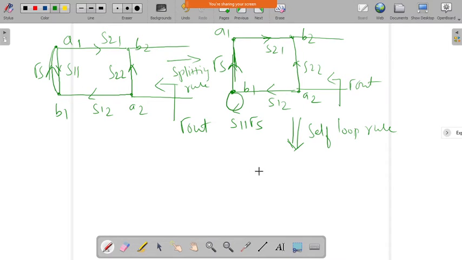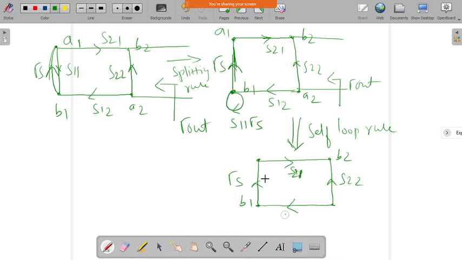So now we have A1 to B1 with gamma S, and S21 to B2, and we have S22. Since we are applying the self loop rule, we have S12 divided by 1 minus S11 gamma S. This is A2 and this is A1. So this is the gamma out.